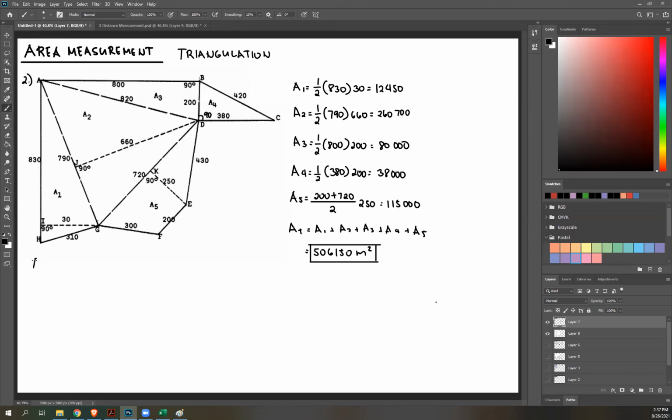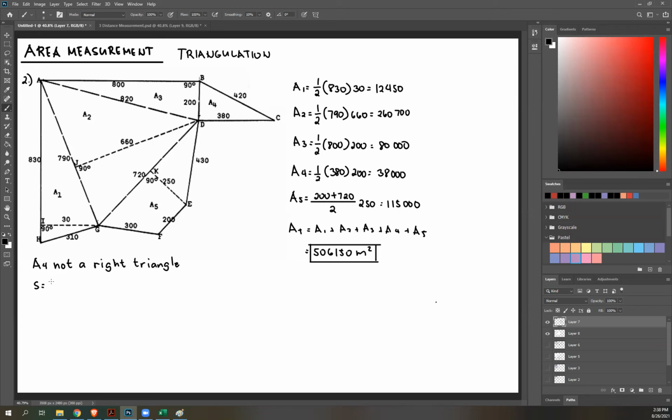Now, what if area 4 is not a right triangle? You have to solve for A4. So to solve for that, there's no angles here then. Okay. So let me remove that. There's no angles, but there are 3 sides. So I can use the semi-perimeter.